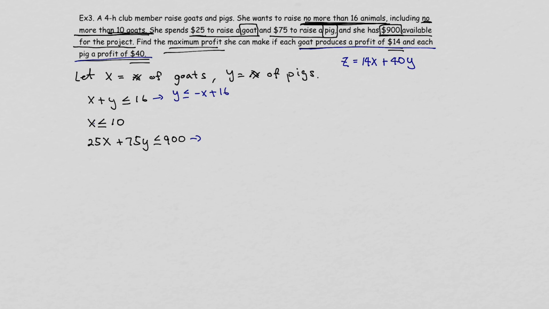This one, I should be able to divide everything by 25. So let's just divide everything by 25. I get x plus 3y is less than or equal to 36. And then when you want to solve for y, you get 3y is less than or equal to negative x plus 36, and divide everything by 3.